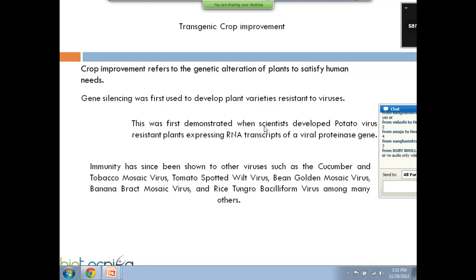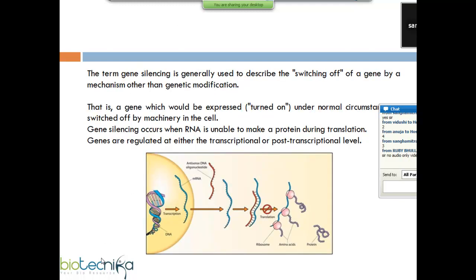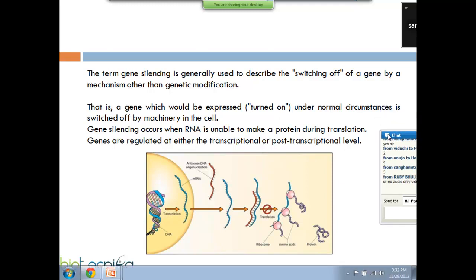Many viruses have used this gene silencing. In addition, plants can be used to modify double-stranded RNA that silences essential genes in insect pests as well as in parasitic nematodes. Gene silencing, to be more specific, can be defined as switching off a gene by a mechanism other than genetic modification.